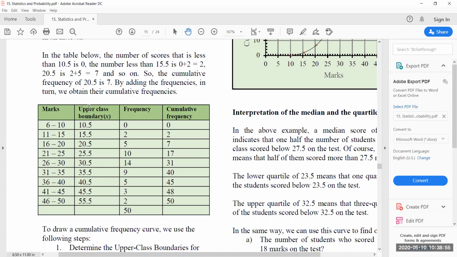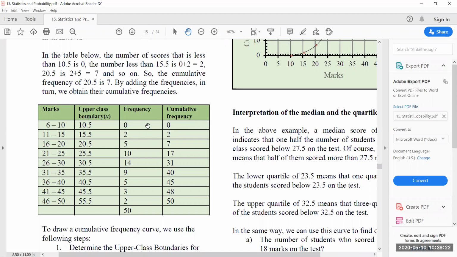Now the frequency: how many times did 10.5 occur? Sorry, 10.5 occurred 0 times. 15.5 occurred 2 times. 20.5 occurred 5 times, and so forth. Now, how did I get the cumulative frequency? The cumulative frequency is found by adding the frequencies as they come.